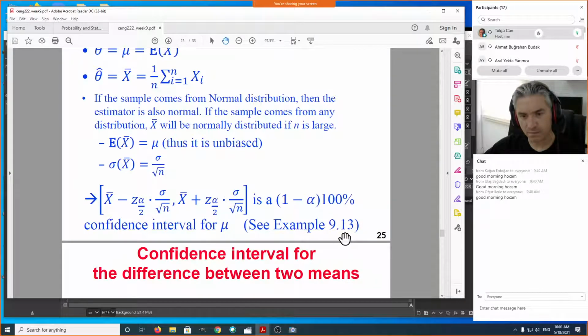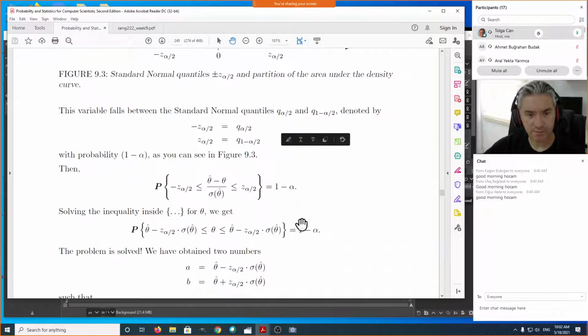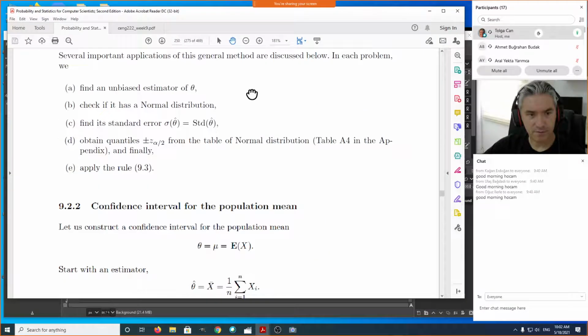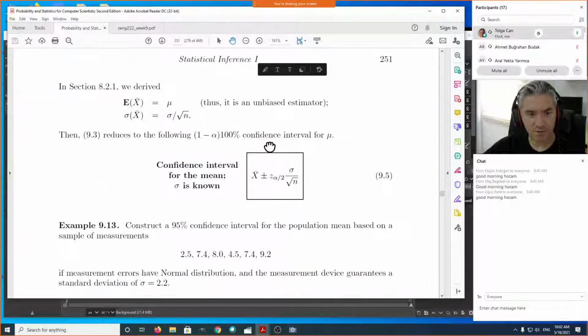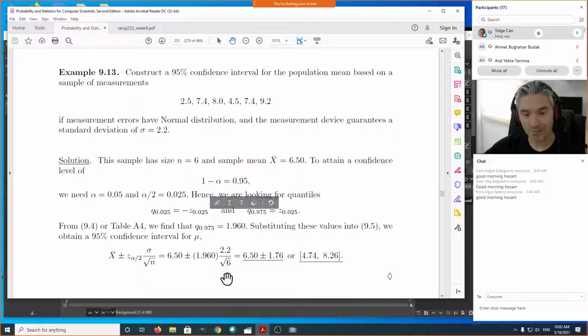We have gone over this example 9.13. Let me quickly go there. We had these 6 samples, known to be normally distributed, so the population standard deviation is given to us: 2.2 divided by square root of 6, with a 95% two-tail confidence interval.